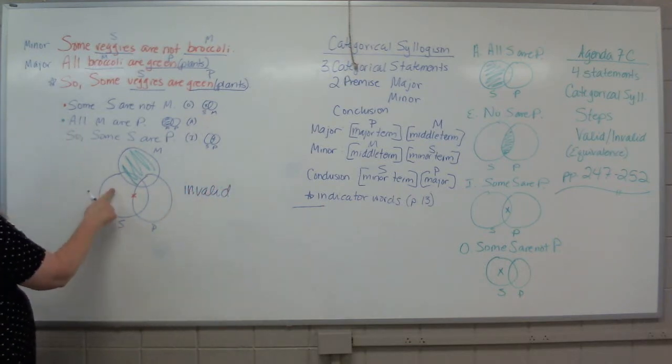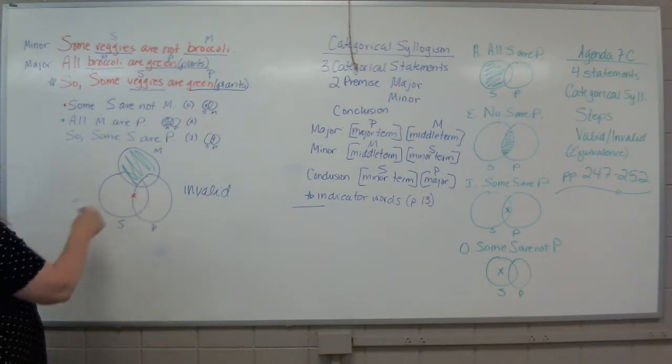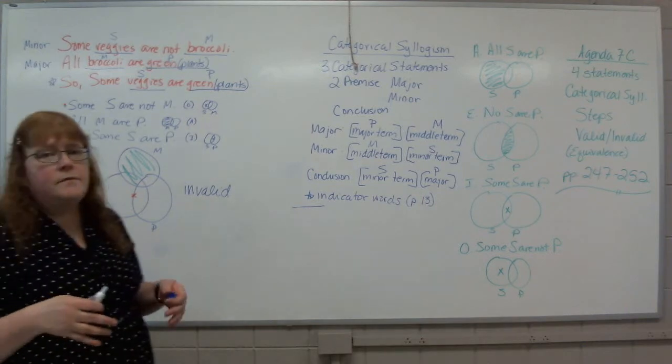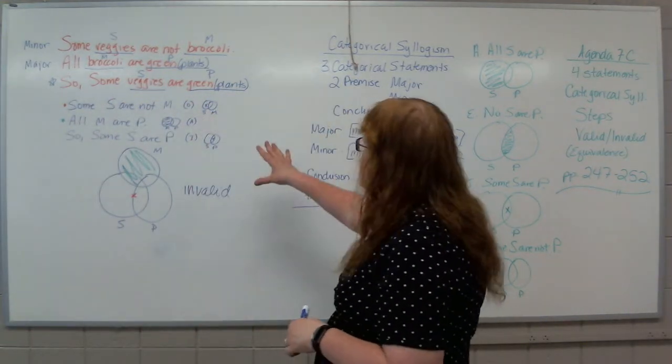If you put your X out here, you're invalid. If you decided to put your X in the middle here, you would have a valid argument. So it depends upon where you put your X. Now, don't get me wrong, it doesn't always depend on where you put your X. Sometimes you can't put your X anywhere where it will actually work to be a valid argument. So there's that one.